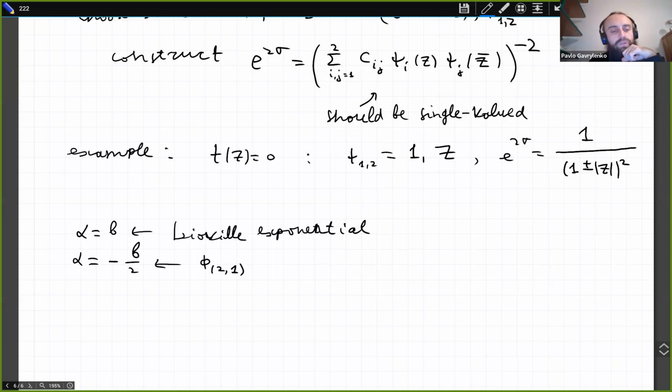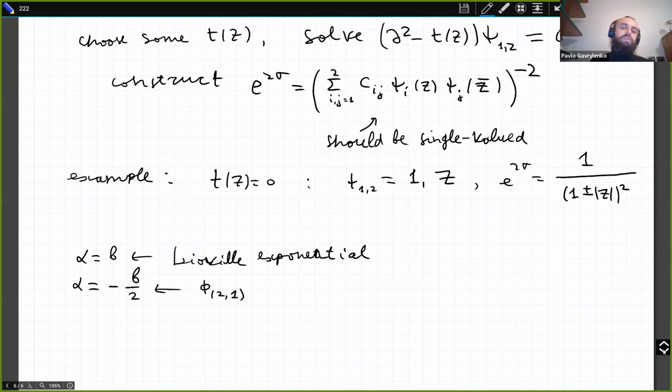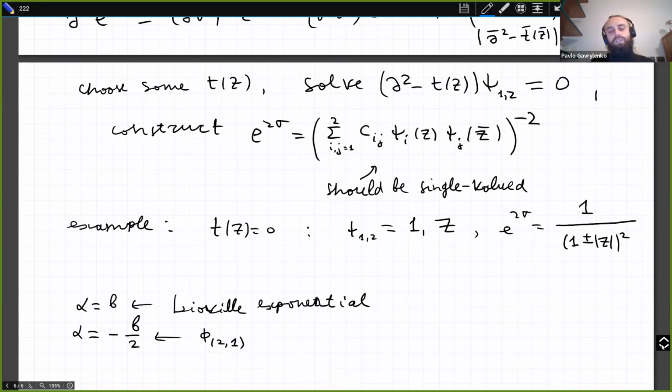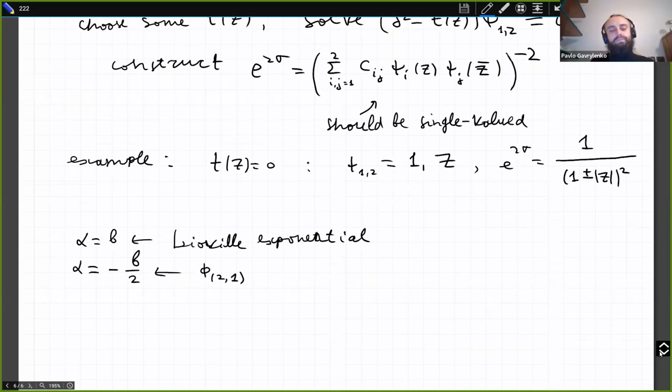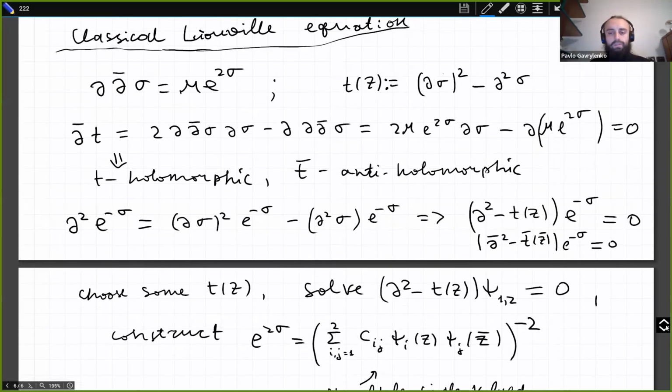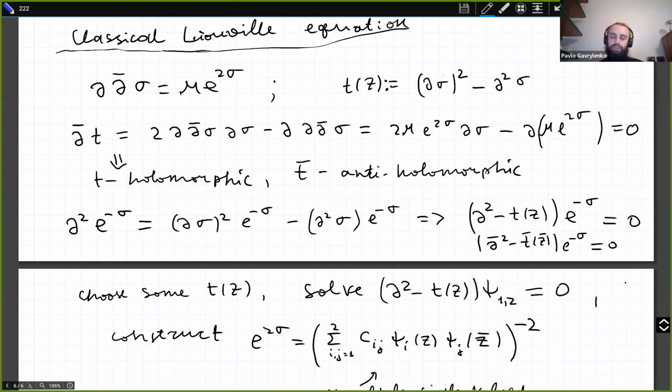So it is a field that has a finite dimension in the limit b to 0, and we see that one is e to sigma, another is e to minus sigma. So this is precisely the BPZ equation conjugate to it.